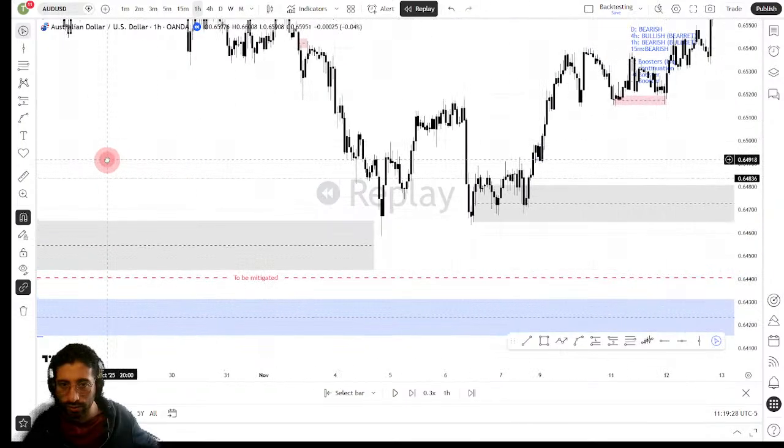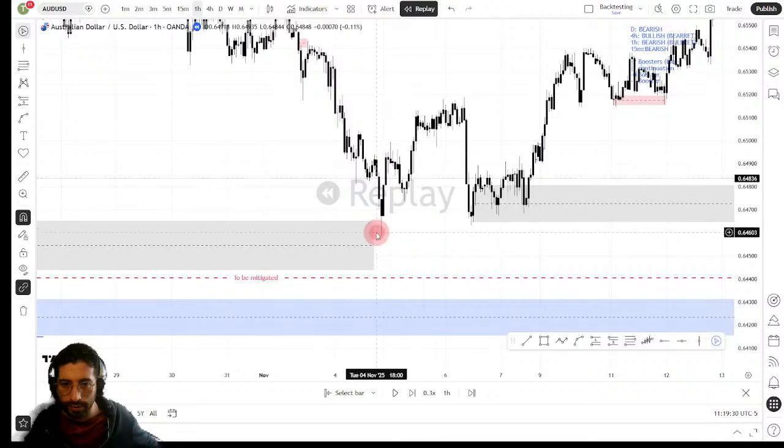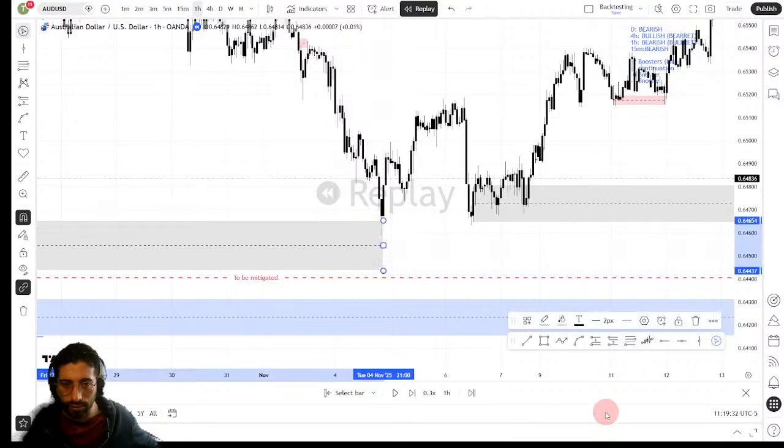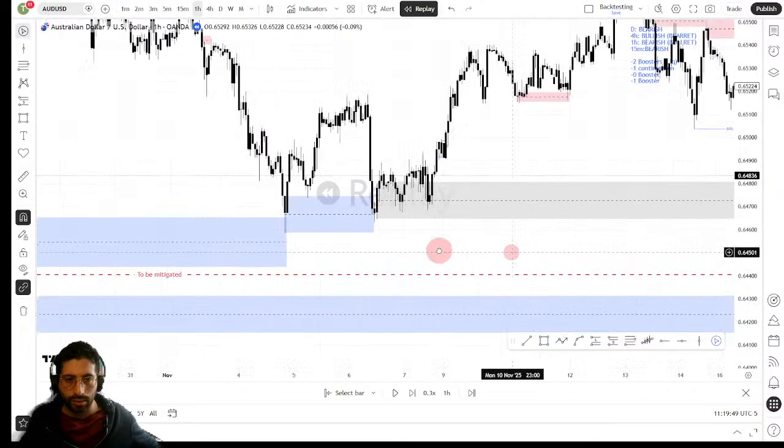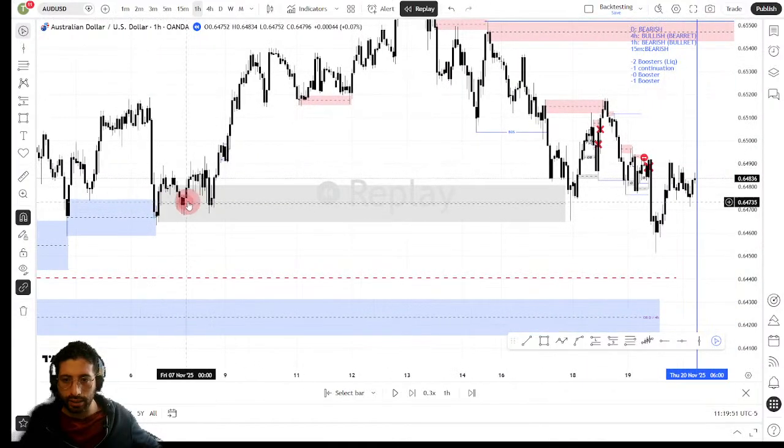This is an order block, so we have here order flow. Then it reacted here in this order block as well, and then it keeps reacting here as well.